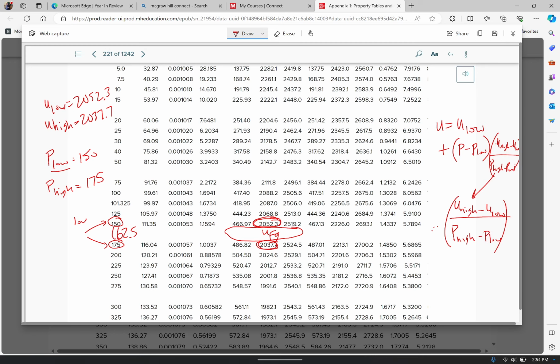Okay, so what is this? Well, it's honestly your y equals mx plus b equation. This right here is a slope. That is m. This guy right here is telling us how far along that line we are. That's more or less x. And this guy right here is acting as our y-intercept.